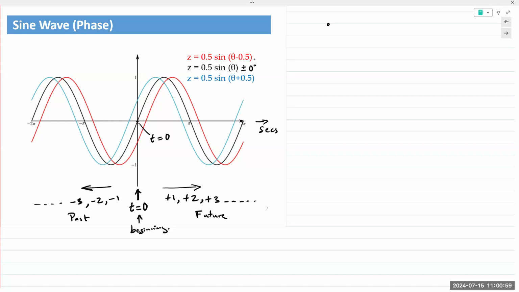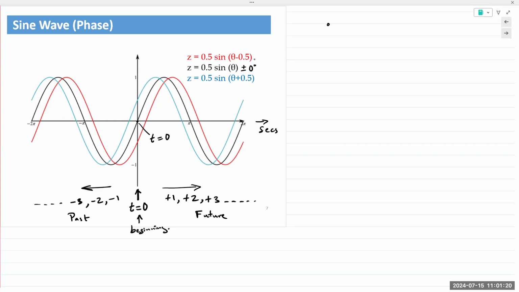But the mathematical notation is exactly the opposite. Okay, so be careful about this. Time is +1, +2, +3, positive values on the right. However, if your waveform is on the right, it is behind the waveform that is already ahead of it.